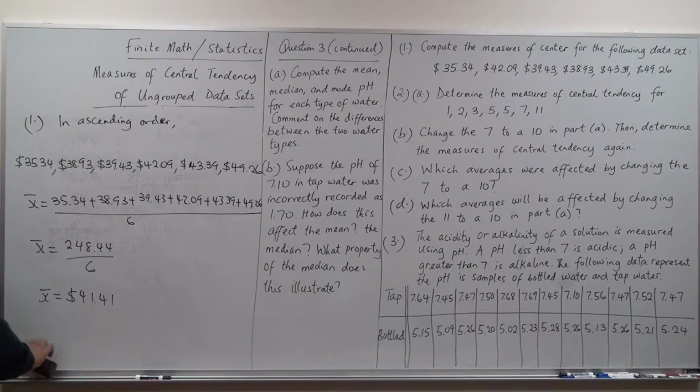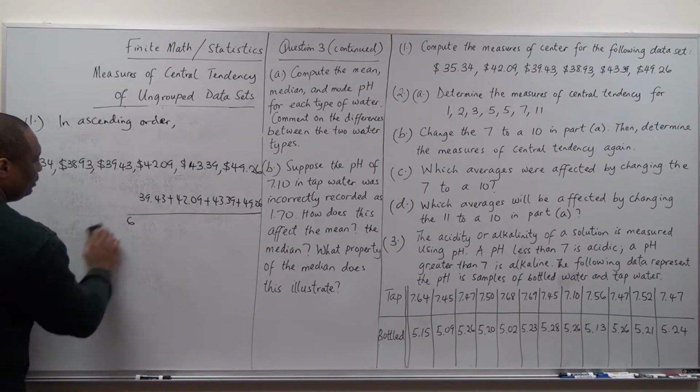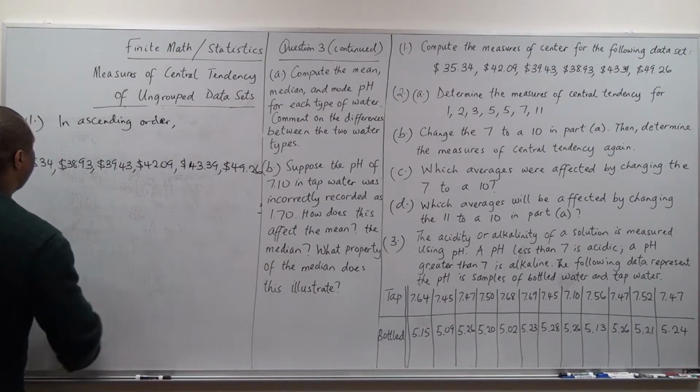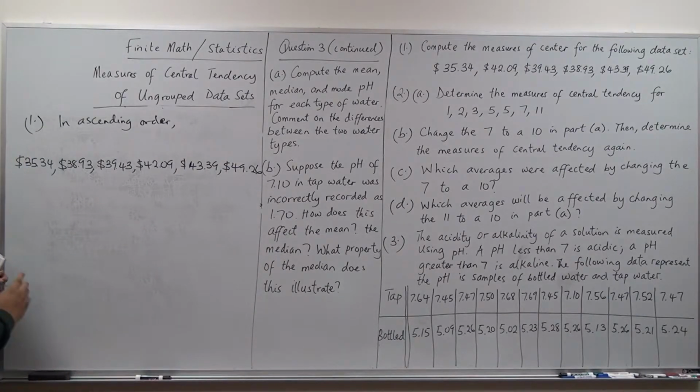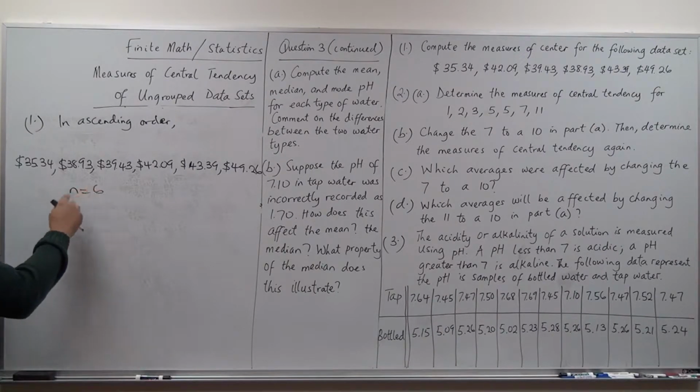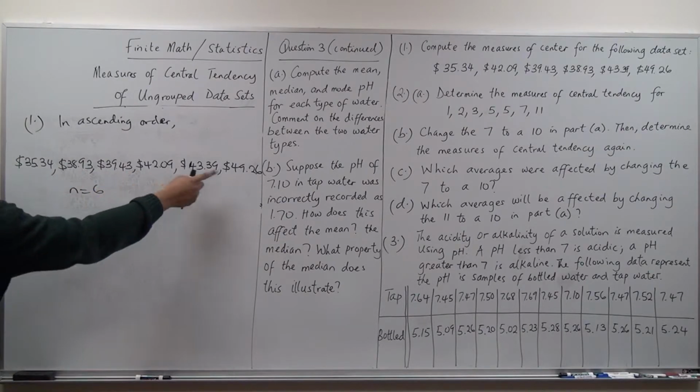All right, now let's go ahead and do the median. We just got the mean done. The median, x meander, I mean. Median is x meander. The data size is 6: 1, 2, 3, 4, 5, 6.